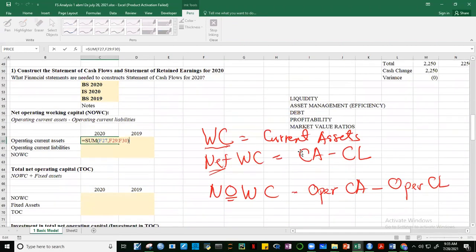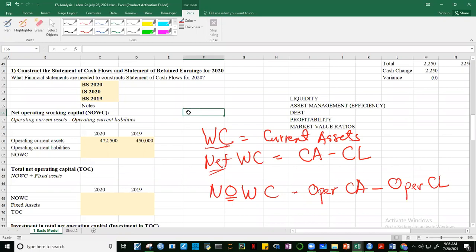So I specifically did it this way para madali nating ma-copy yung mga formulas. So let's copy this to the right. So ang operating current assets natin in 2020 is 472,500. In 2019, it was 450. So nadagdagan yung operating current assets natin.